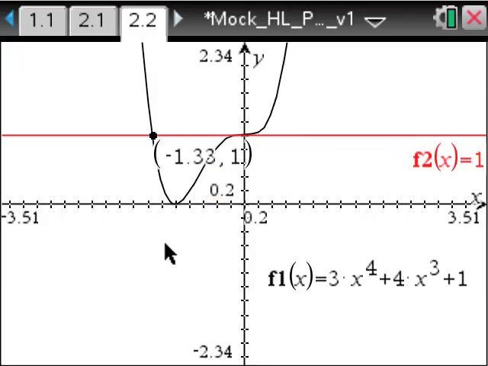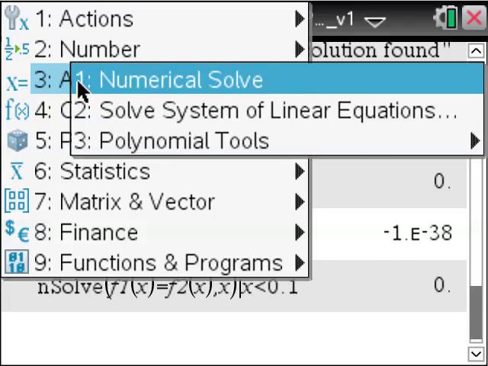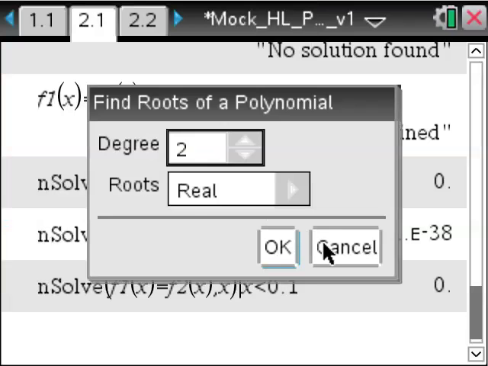Now the question specifically wants the exact coordinates of Q, so what we'd have to do is make sure that negative 1.33 is the minus 4/3 that we expect it to be. So what we can do is, well, f1 of x is a polynomial, and f2 of x is another polynomial. So what we could do is menu, algebra, polynomial tools.